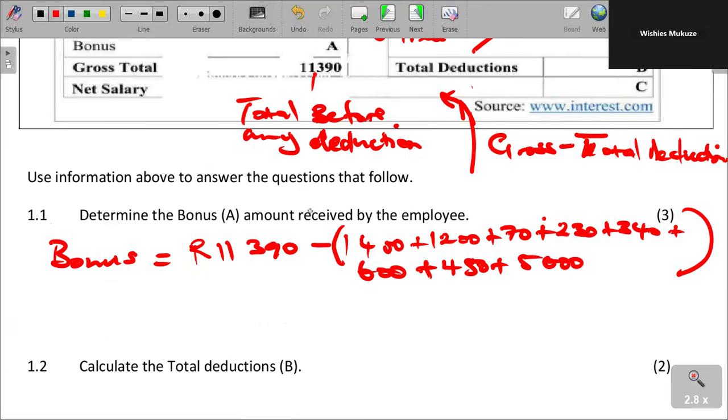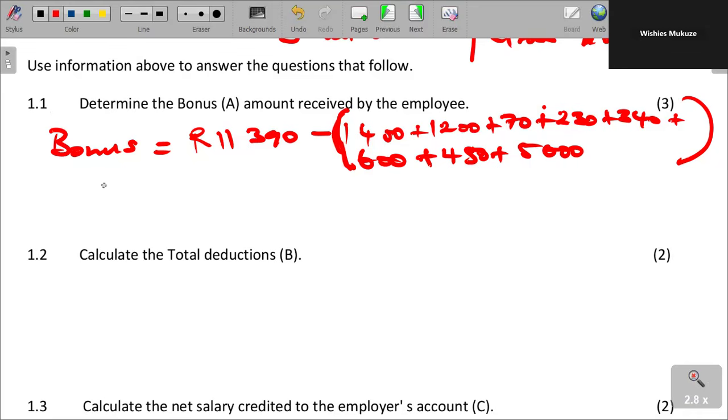So what is happening is we are adding all these incomes, and then we subtract them from our gross total income. That is 11,390 minus the sum of these, 9,290.